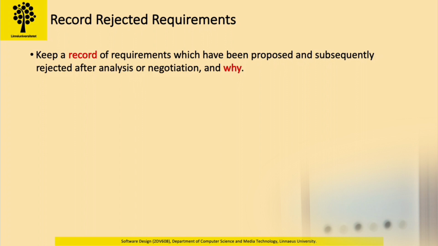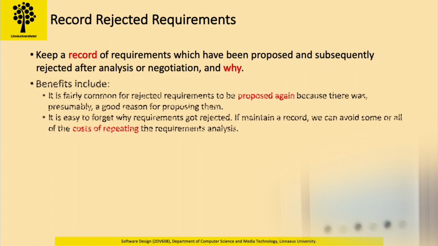Because if you are rejecting some requirements for now, eventually they might be useful or come up in the future. So if you don't trash your rejected requirements, you will save lots of money on again analyzing them, again documenting them, or again specifying them.